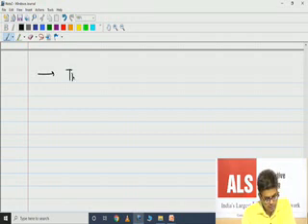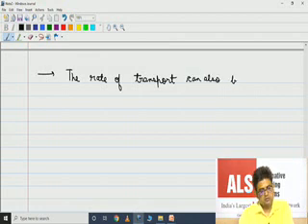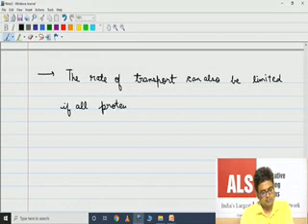The rate of transport can also be limited if all protein transporters are saturated.